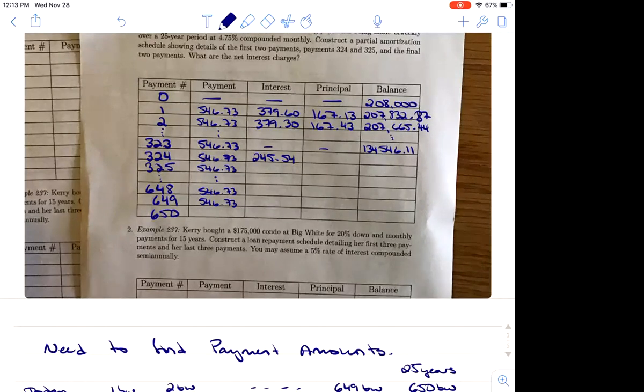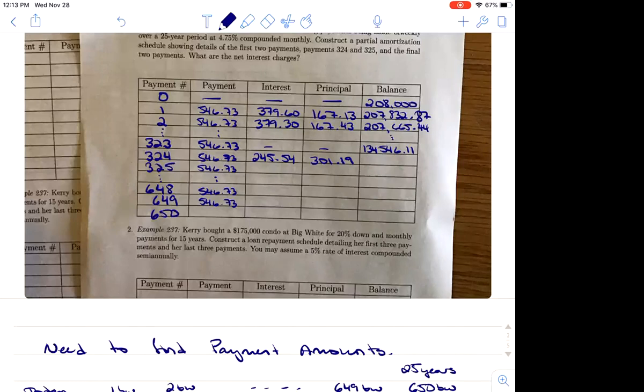So now we have to take 546.73 minus 245.54. Well, finally, we're paying off more on the principal than we are for interest. It's a nice feeling. More than half of your payment is going towards paying off your mortgage than just maintaining interest.